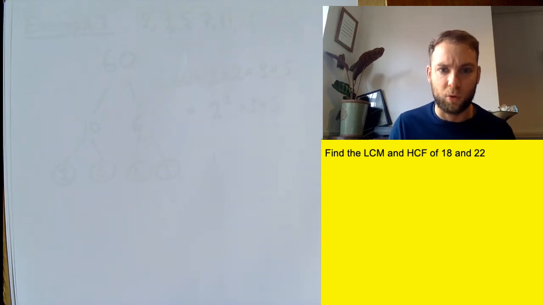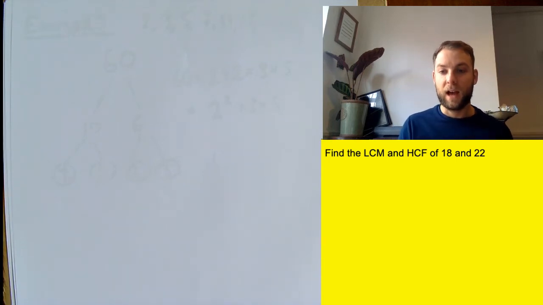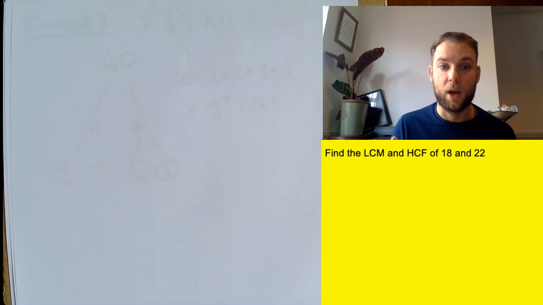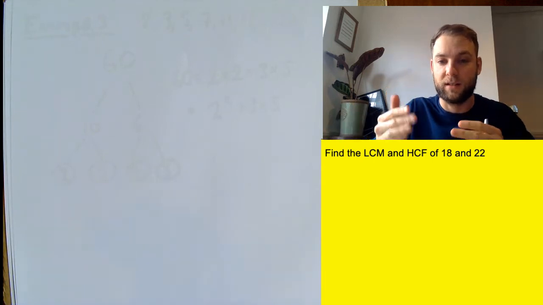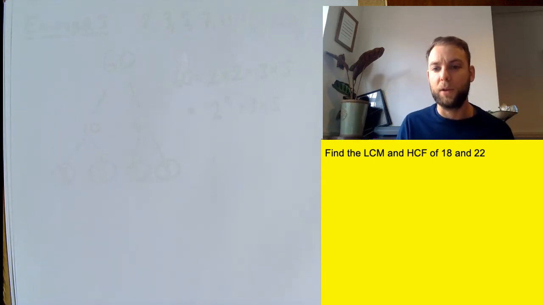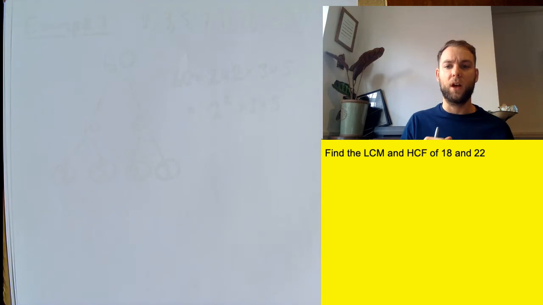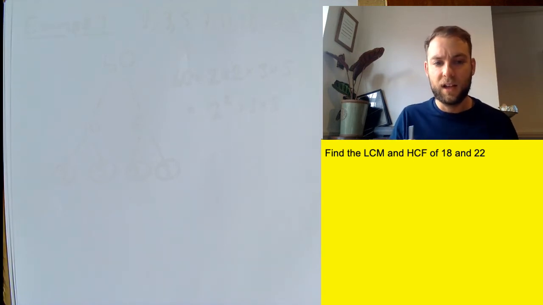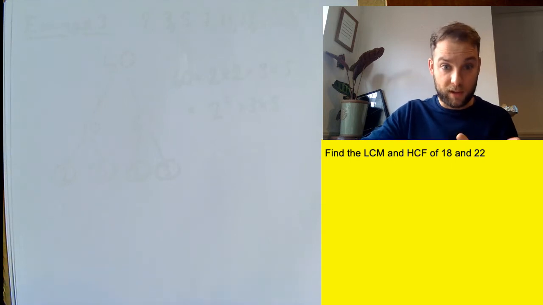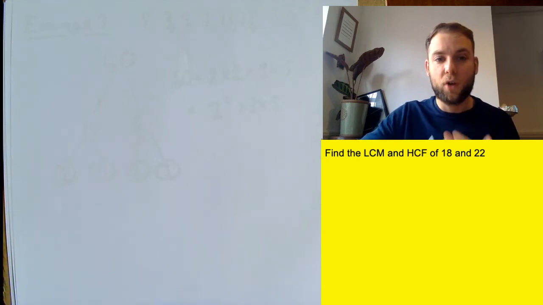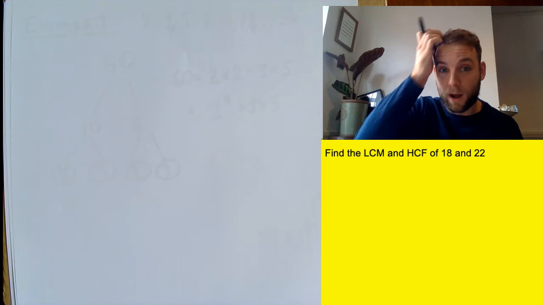And for the highest common factor, what's the highest number that goes into both 18 and 22? That can be quite difficult as well because 18 has quite a lot of factors: 1, 2, 3 goes into it, does 4, and you've got to carry on doing that forever. So we want a quicker way of doing this.